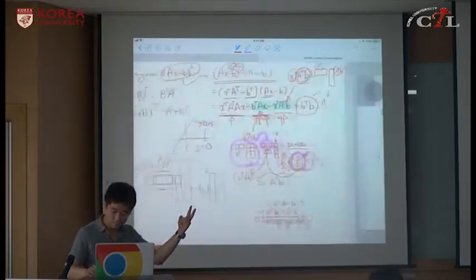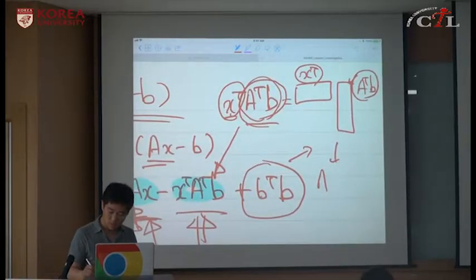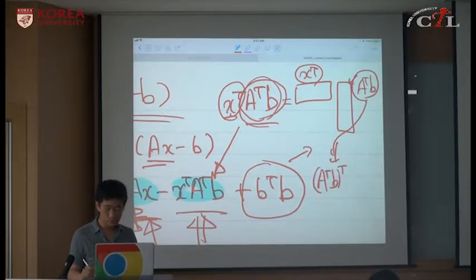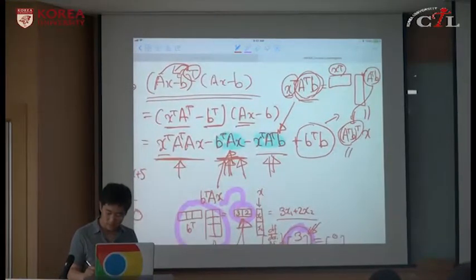So this guy is A transpose B transpose, and X transpose transpose. Yeah, so this guy will be the same. And what about this? This guy is B transpose and A.